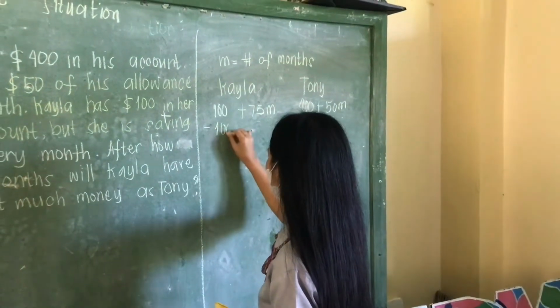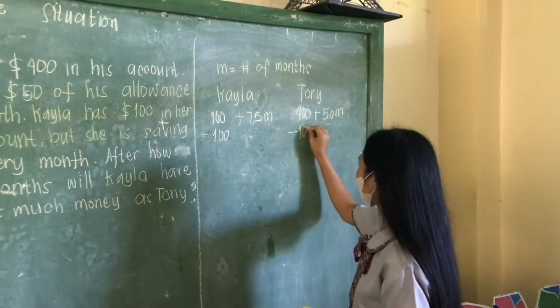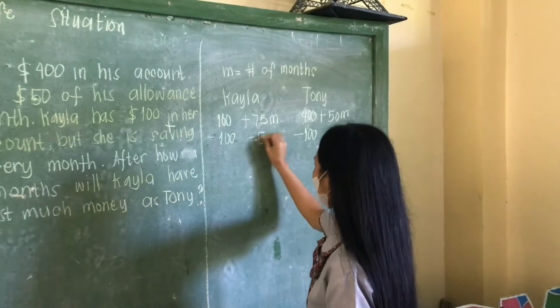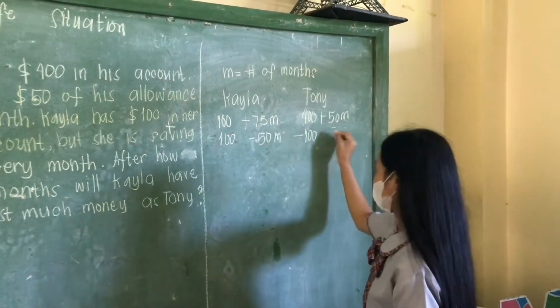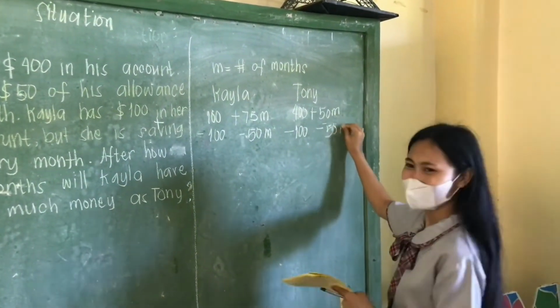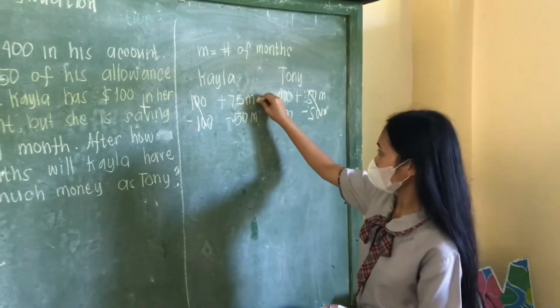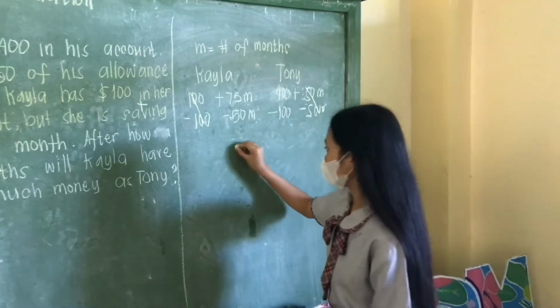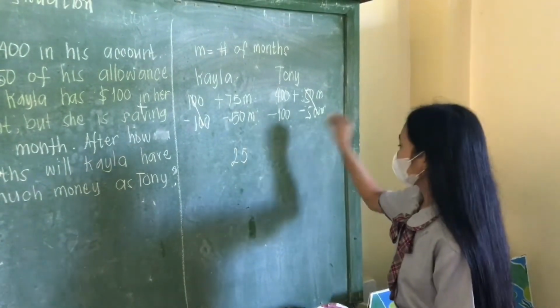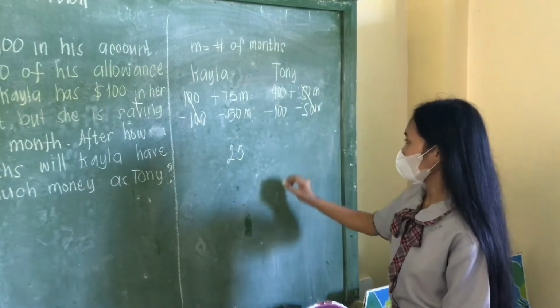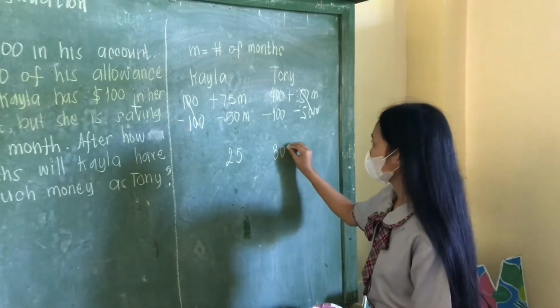Now subtract 100 from both sides and 50m from both sides. Cancel. 75 minus 50 is 25. And 400 minus 100 is 300.